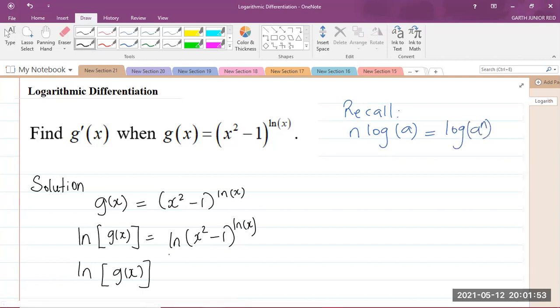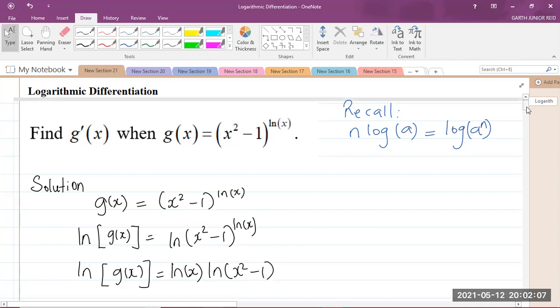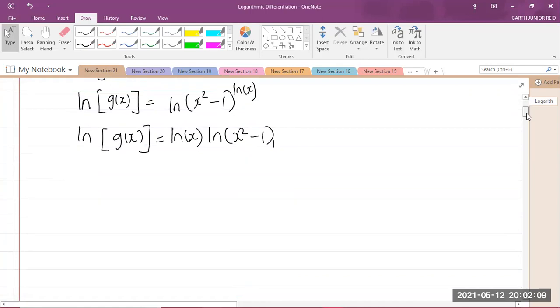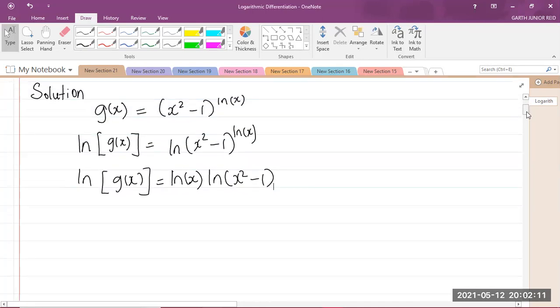That is the rule I'll be using. So I can carry down the power, and I will now have the ln of x times ln of x squared minus 1. We have now applied the natural log to both sides and simplified.